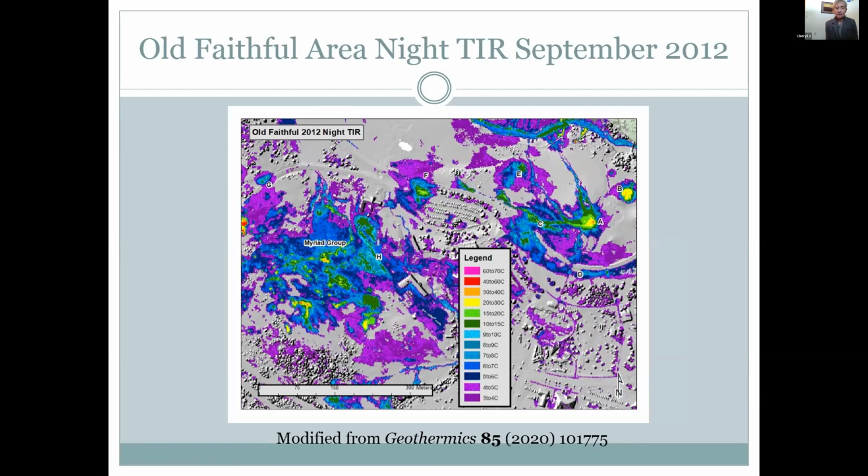And you can see a certain pattern, with the cooler colors indicating lower ground temperatures and the warmer pinks, reds, oranges, and yellows indicating higher ground temperatures. Although this was night 2012, the same pattern of temperatures and heat could be seen from 2007 through 2015 in every night acquisition that was taken over the Old Faithful area.